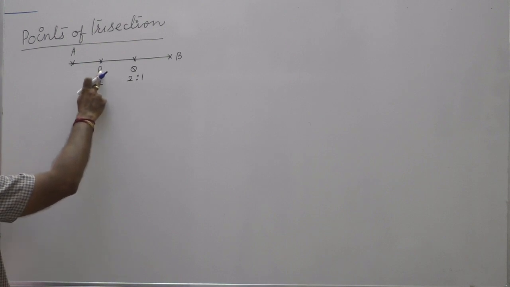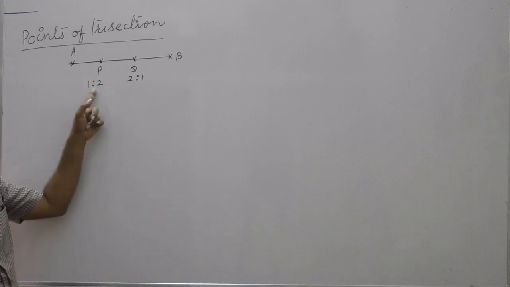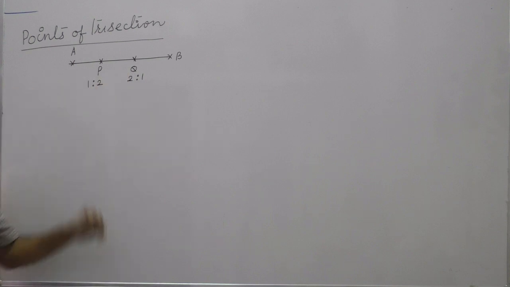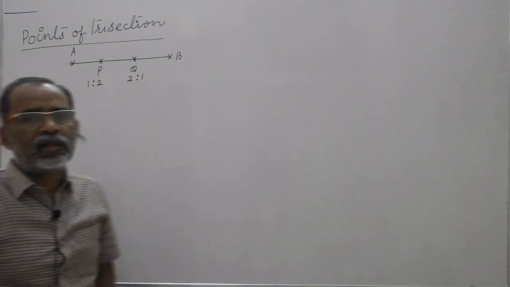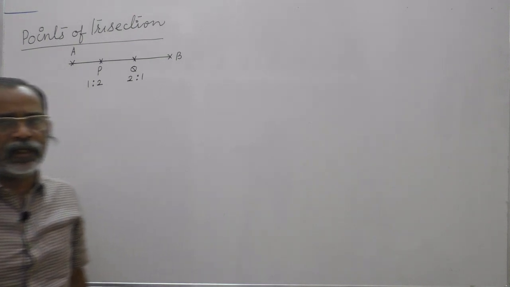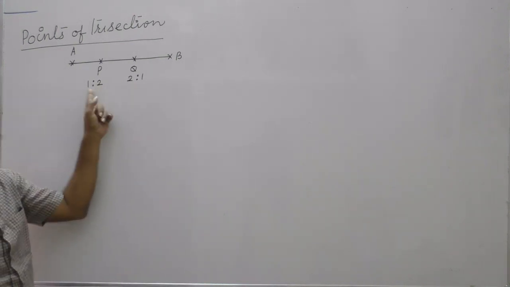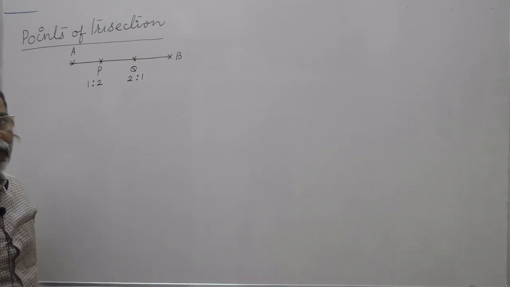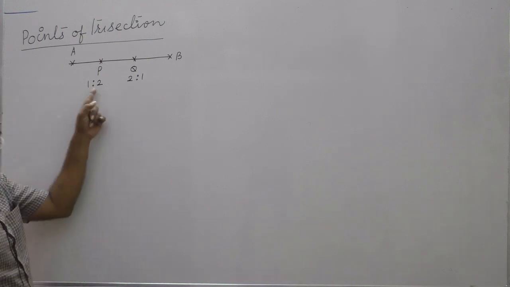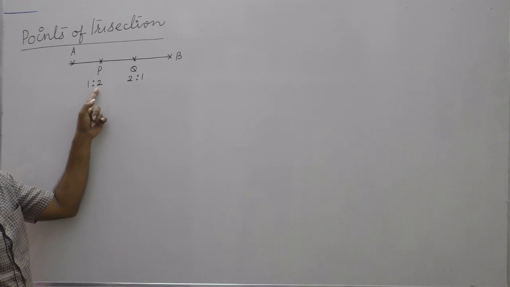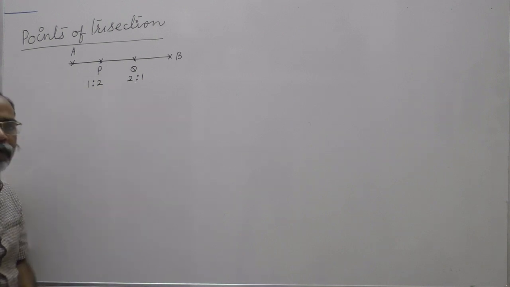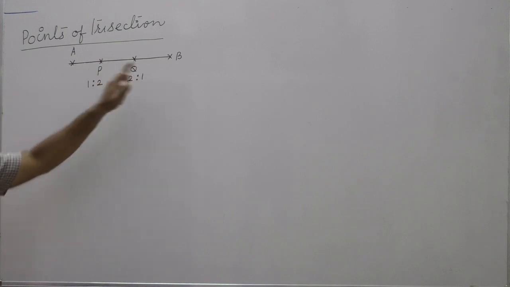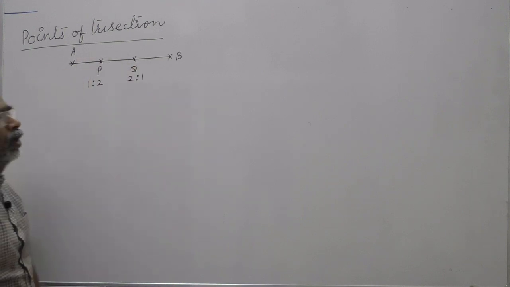The first point of trisection is 1:2. The second point of trisection is 2:1. If you are asked to find the points of trisection, then you should find both. So here we have divided a line segment into three equal parts.